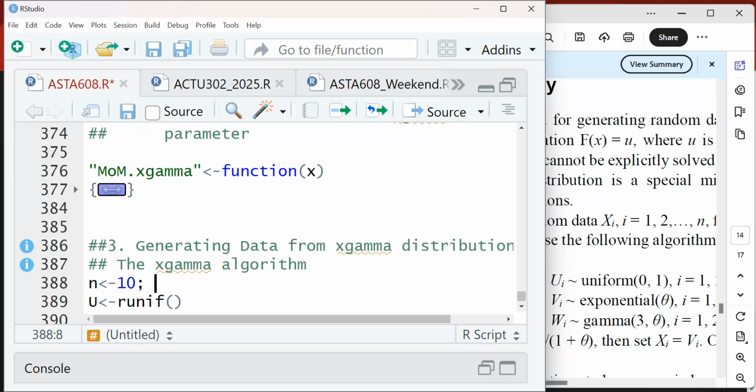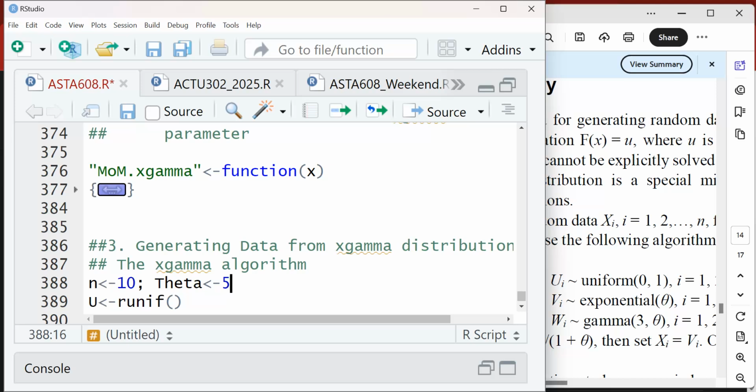Then we need theta. I'm going to use capital T. Now we have to choose our theta, so let's say our theta is 5, which means we want to generate an exponential with parameter 5, and also a gamma with parameters 3 and 5, so to speak.